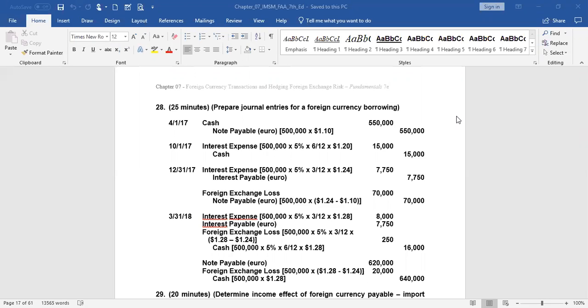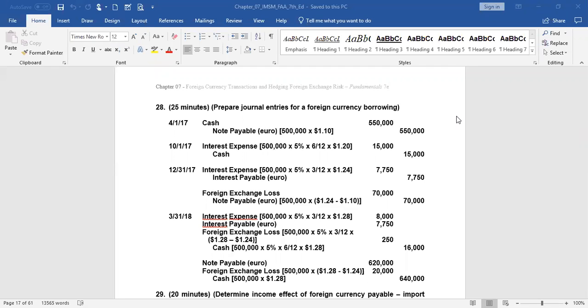Another item we need to look at is, just like when we sell or buy, we need to determine at the end of the year, if we had to pay this loan back at the current conversion rate, would we be paying more, less, or the same? Now in this case, when we borrowed, the conversion rate was $1.10. If we had to pay this loan back today, the conversion rate's $1.24. We would be paying 14 cents more per euro because of that conversion rate difference.